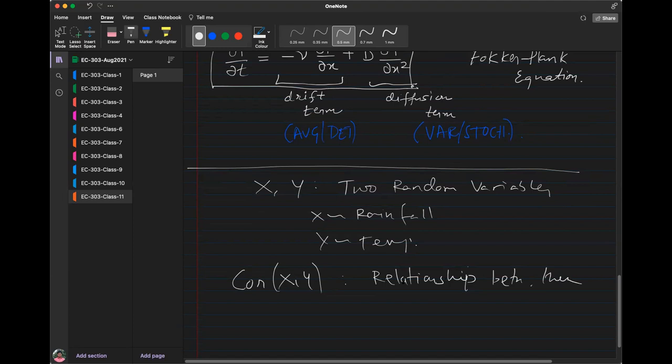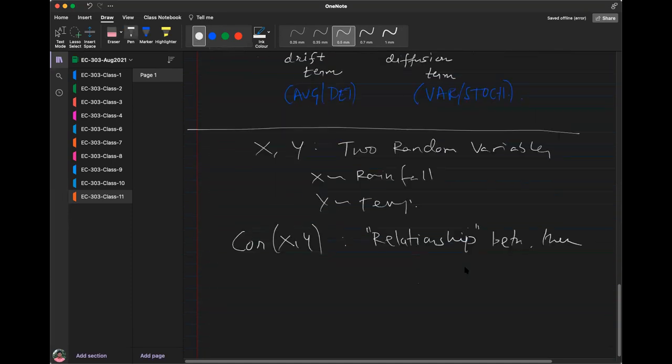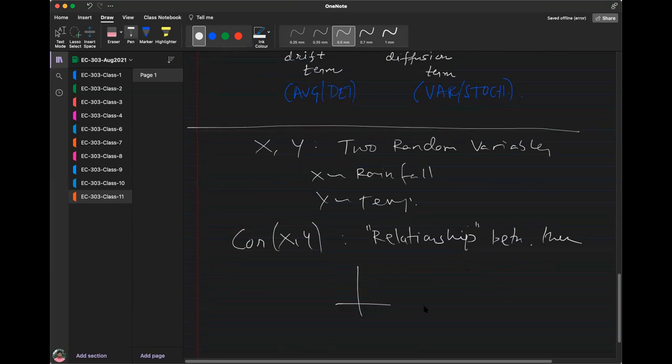Okay, this is actually a strong statement. It only captures some types of relationships, not all types of relationships. Specifically it only captures relationships that are monotonic. So let's take this example. If x was the rainfall and y is the temperature, if the data looks like this, you expect the correlation would be close to 0.